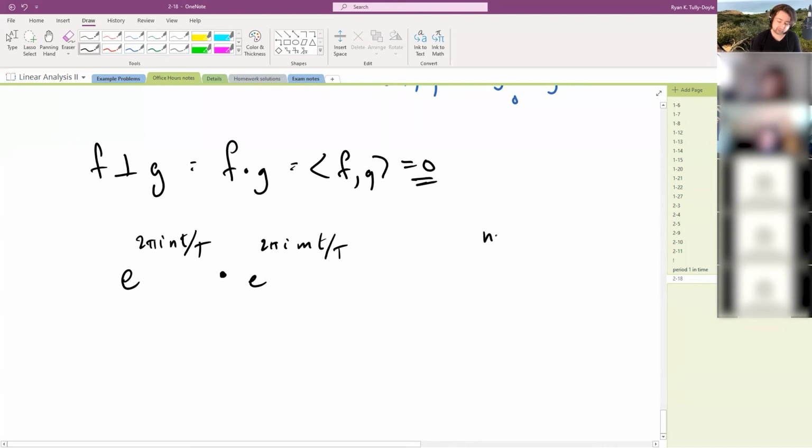And let's just suppose further that n and m are not equal to each other, because a function can't be orthogonal to itself. So you do that dot product, and what we're going to show, hopefully, is that this is equal to 0.